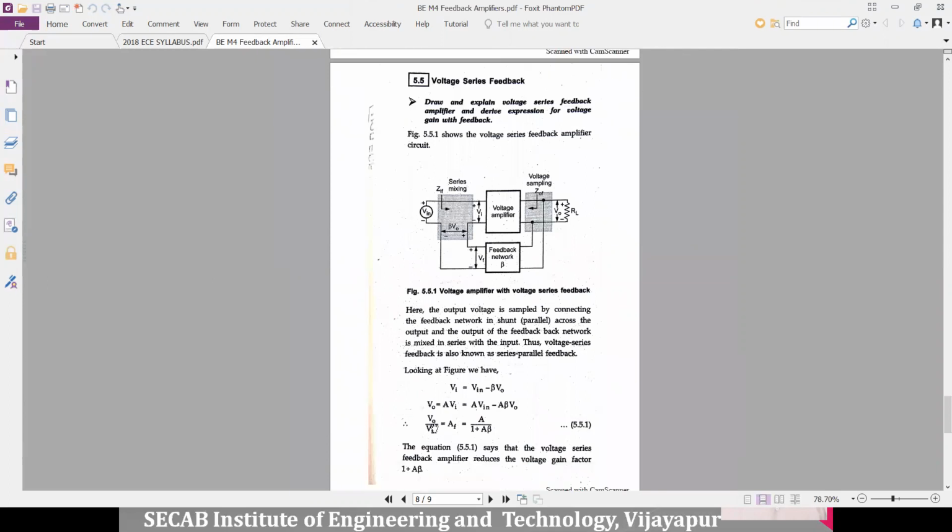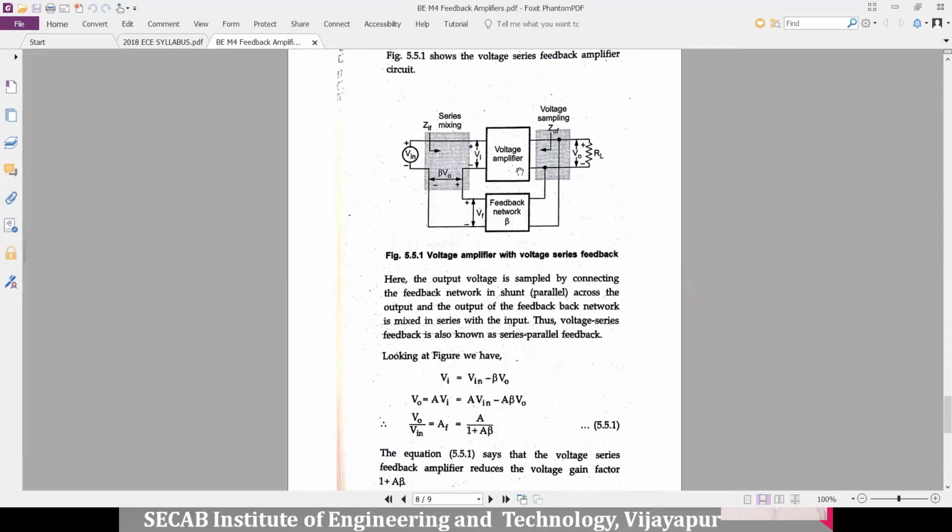I'll repeat. We take one amplifier, connect a feedback network, take a part of the output, and the output of the feedback network is given in series with the input. Write the expression for Vi, write the expression for V naught, put the expression for Vi in that, and simplify to obtain V naught by V in, which is equal to AF, which is equal to A divided by 1 plus A beta.